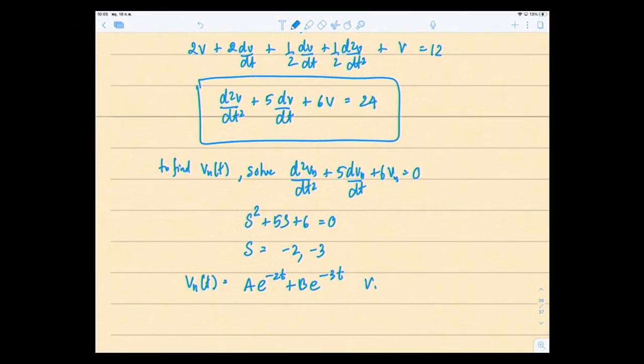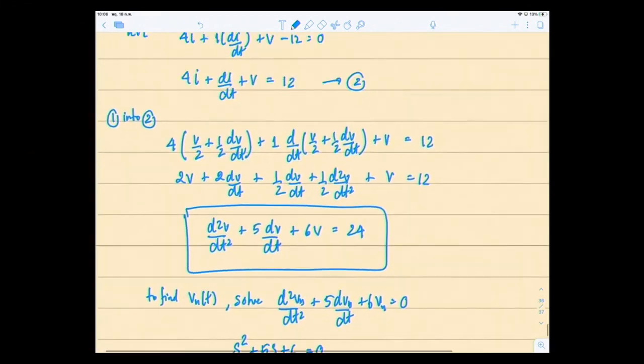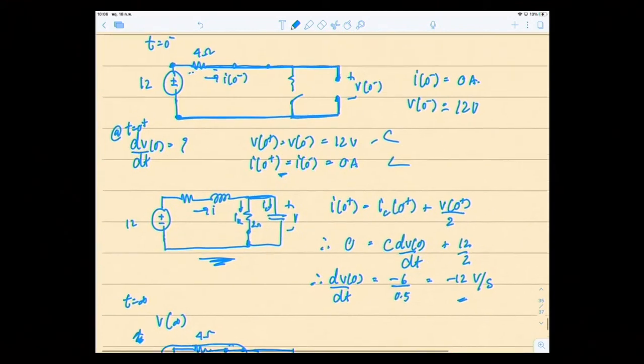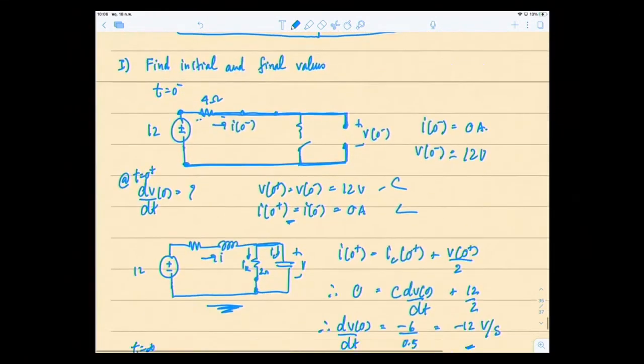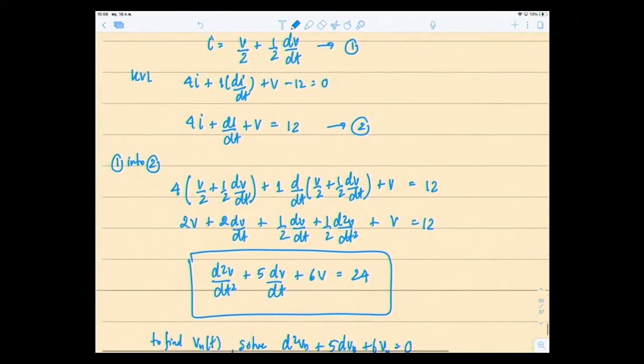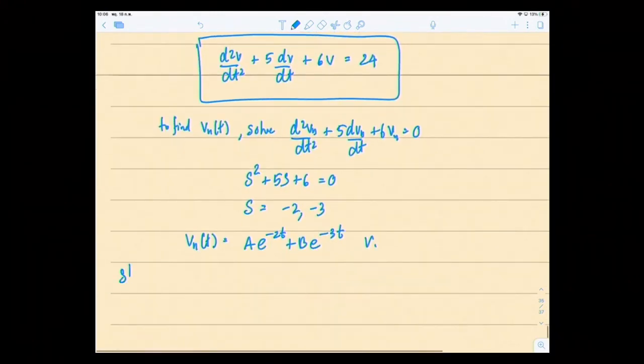Then step 3, obtain the forced response, and your forced response is simply the value at t equal to infinity. So your Vf of t is equal to V at infinity.